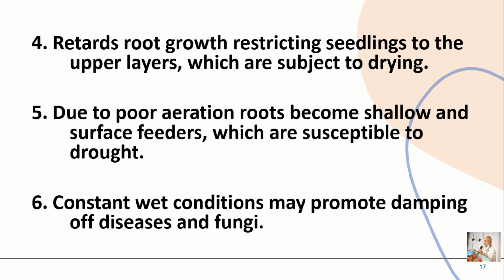If you belong to a village farming community, when there are rains in the rainy seasons and the drainage is not proper and the water stays in the fields, the plants become yellow, wilting occurs, death occurs because water is there, no oxygen is there, damping of diseases are there.